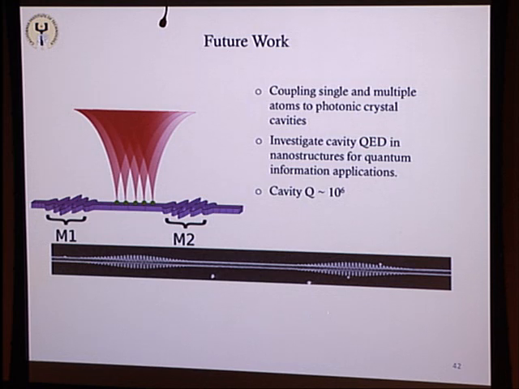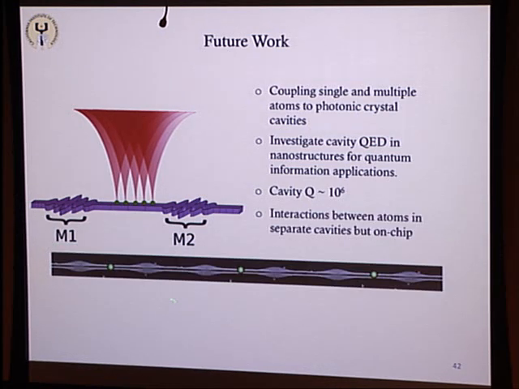And then since it's nanophotonics, you can put a whole bunch of these together and put atoms in between, strongly coupled to each one of these different cavities. And so now you can generate interactions between atoms that are in separate cavities, but on the same chip. So not an atom in a vacuum chamber in a cavity over here, and an atom in a vacuum chamber in a cavity over here.